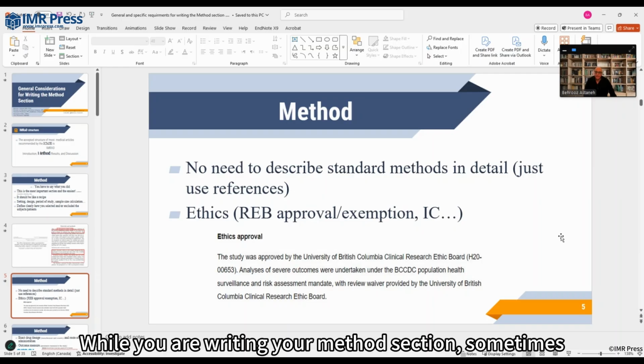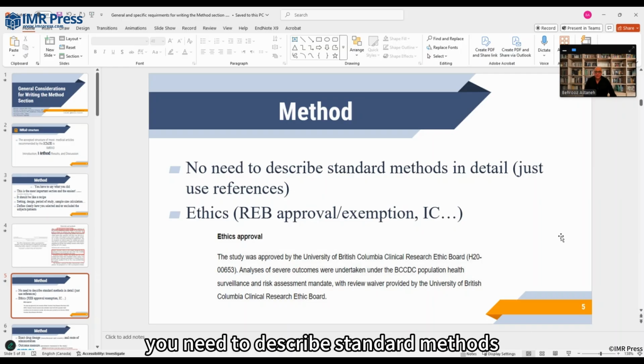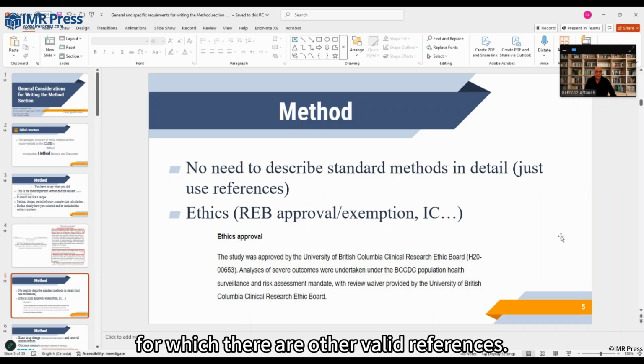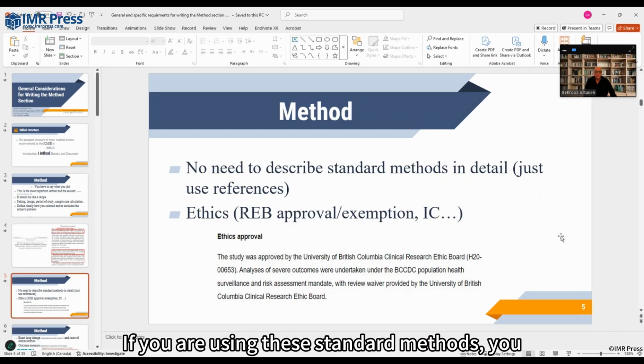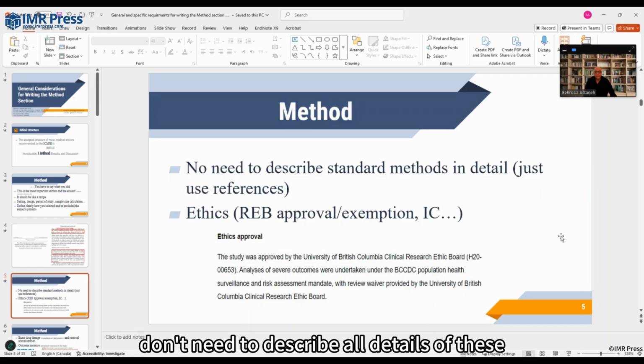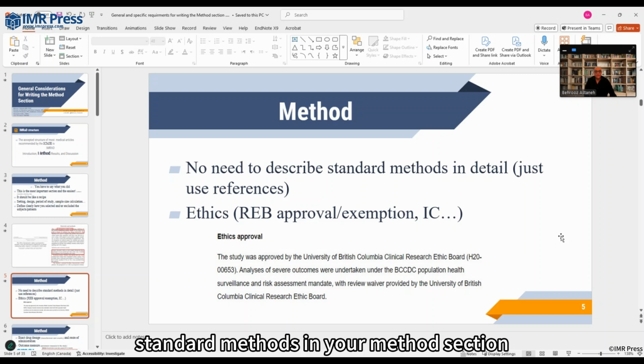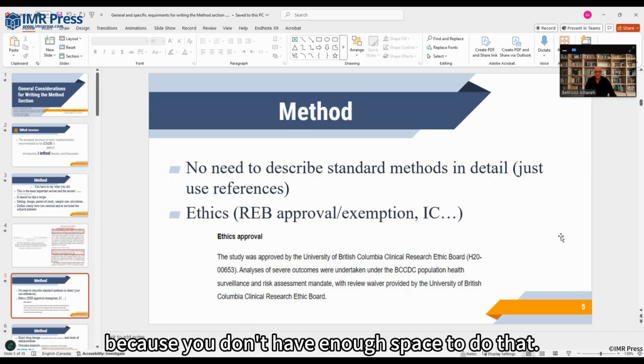While you're writing your method section, sometimes you need to describe a standard method for which there are other valid references. If you are using these standard methods, you don't need to describe all details of these standard methods in your method section because you don't have enough space to do that.